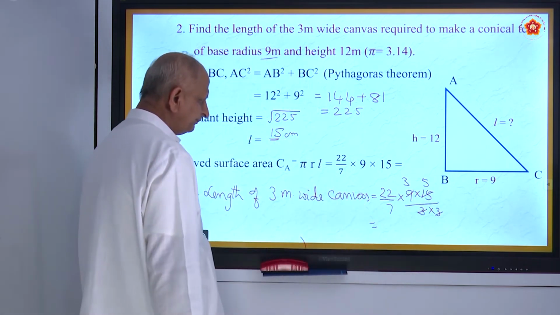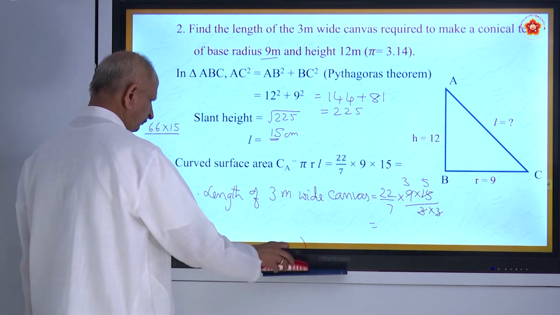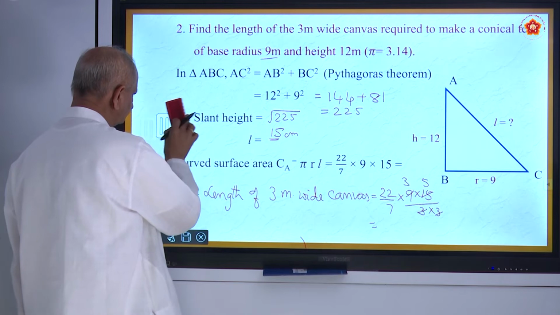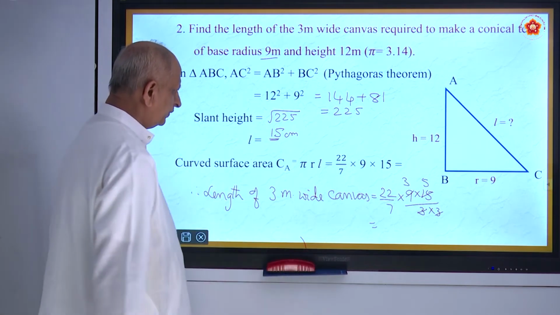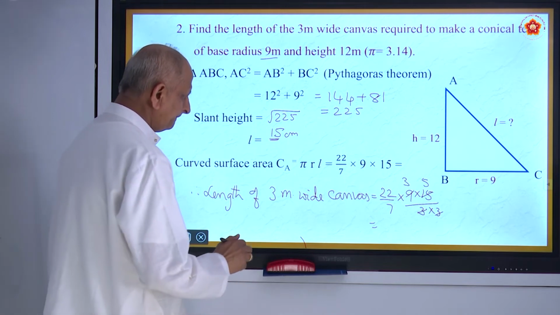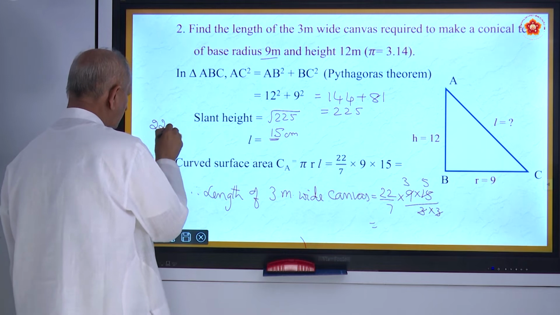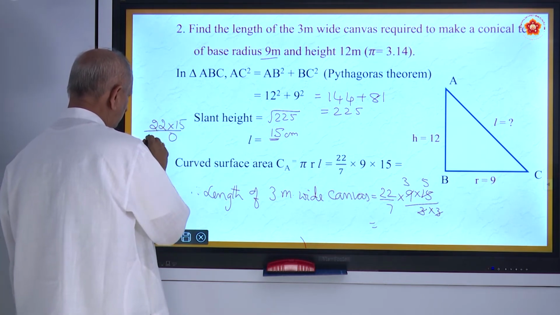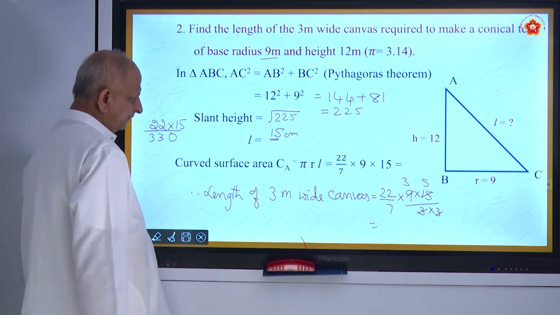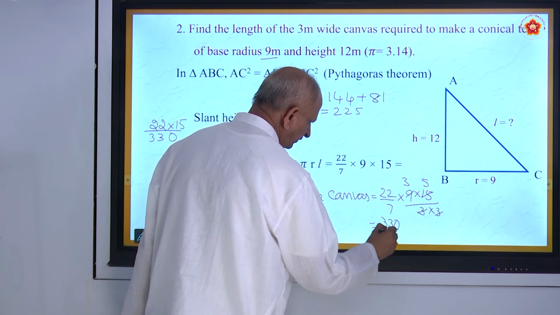So it will be 22 into 15 by 7. That is 330 by 7.